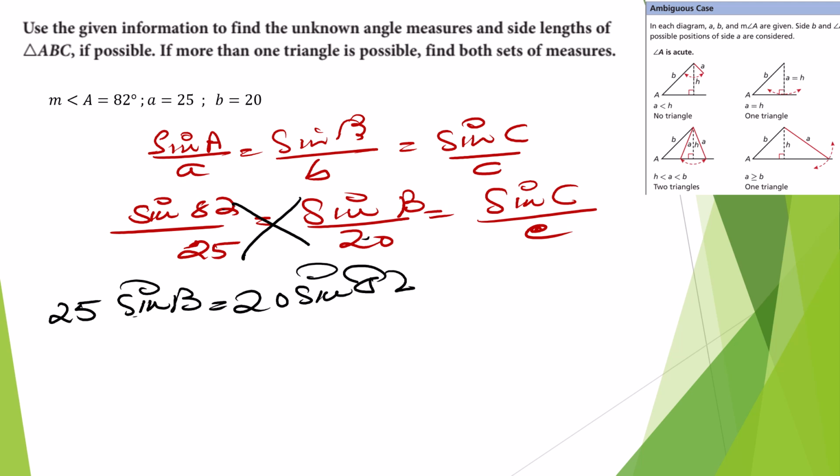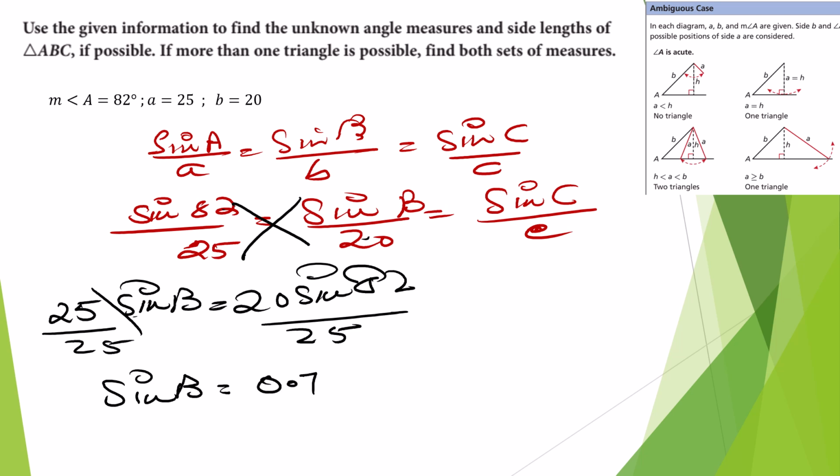I need to find the sine B, so I divide both sides by 25 and I will get sine B equals, writing this in the calculator, 20 sine 82 divided by 25, and I will get 0.79. But I don't need to find sine B, I need to find B. So bring the sine here, which means take the inverse of the sine.